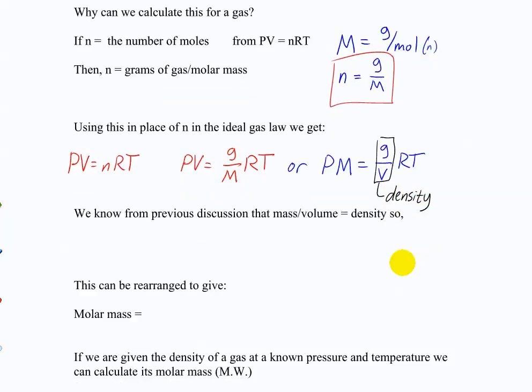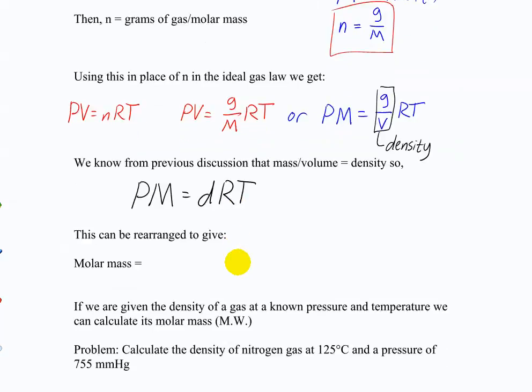So another way we can rewrite this is P times M equals density times RT. All right, and we can rearrange this to solve for molar mass. Divide everything by P, and you get molar mass equals density times R times T over P.